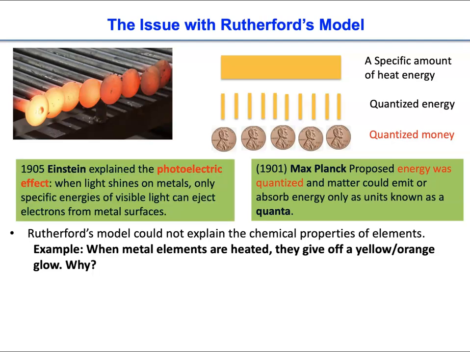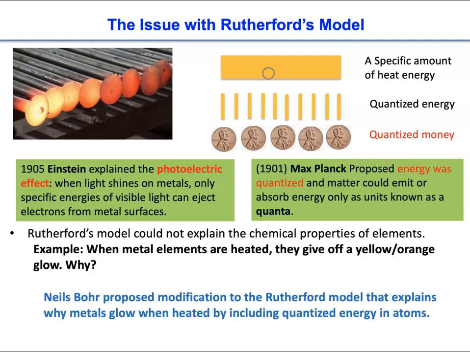And then in 1905, Albert Einstein explained the photoelectric effect, where when sunlight shines on certain metals at a certain frequency, electrons are ejected from the surface of the metal and an electric current can be produced. This is how solar panels work. Anyway, it was interesting to note that only certain energies of light can eject electrons out of these metal atoms.